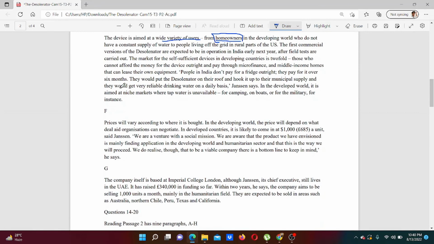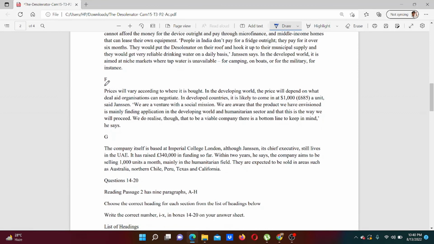We're going to start reading section F. Prices will vary according to where it is bought. In the developing world, the price will depend on what deal aid organizations can negotiate. In developed countries, it is likely to come in at $1,000 a unit, said Jensen.